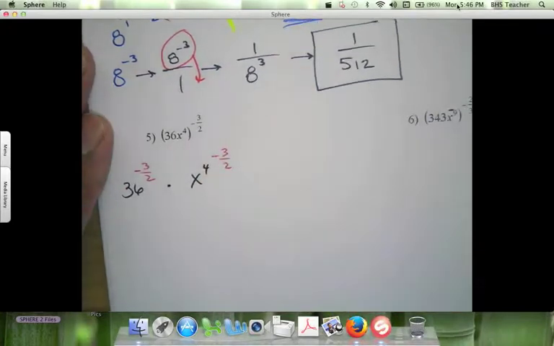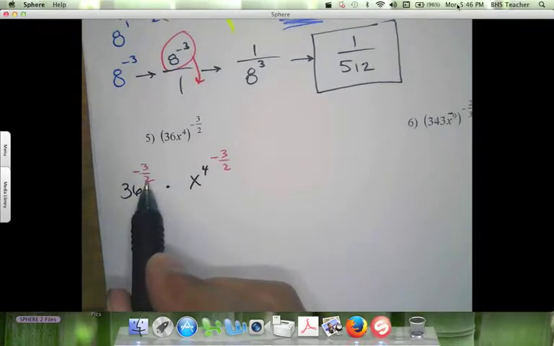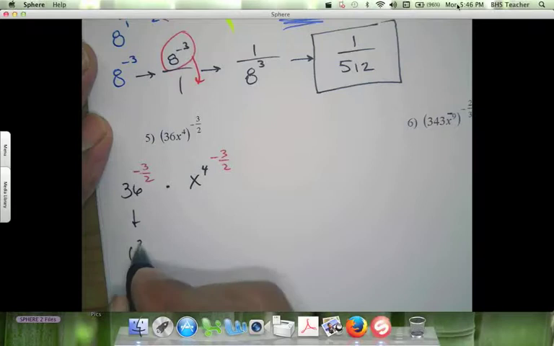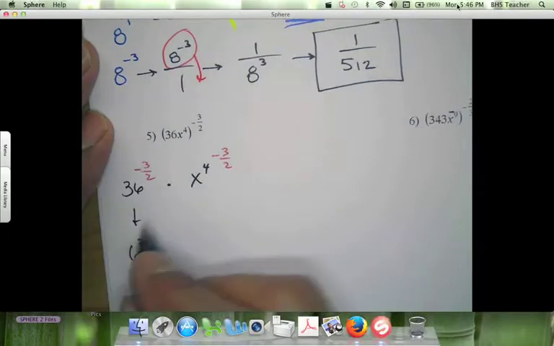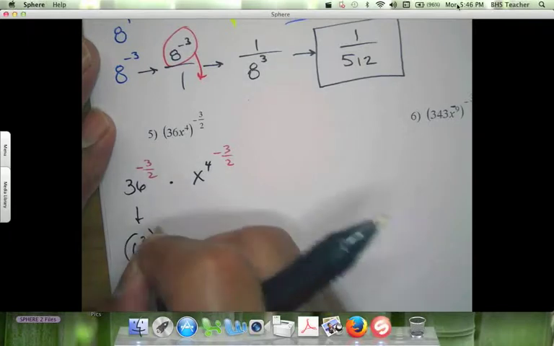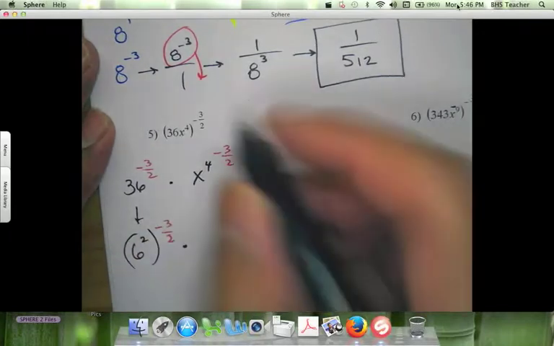And 36, this is telling me that it's a square root, or what number squared is 36? Well, I know that's going to be 6, right? 6 squared is 36. And I got the negative 3 over 2 still. And for the variables, we did those just like numbers 1 and 2.